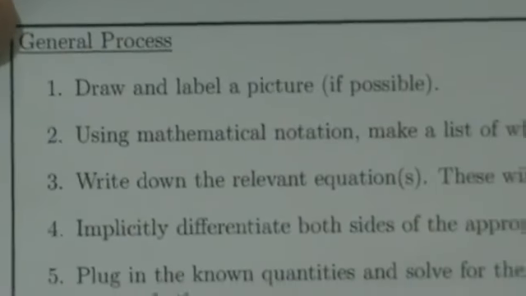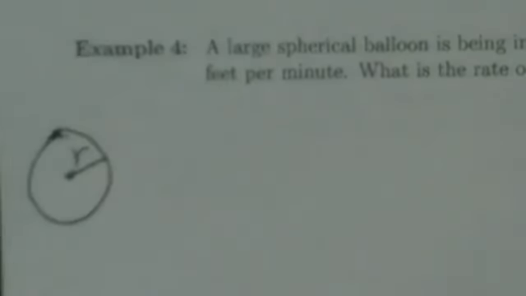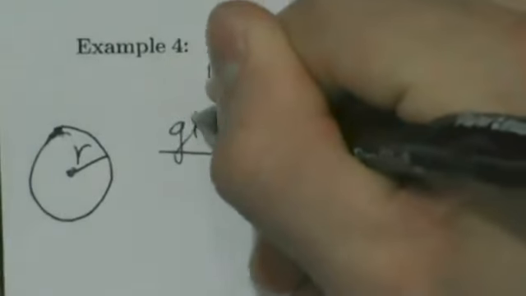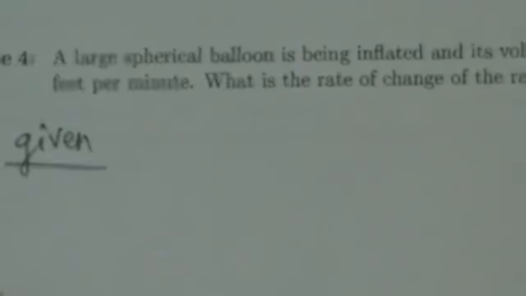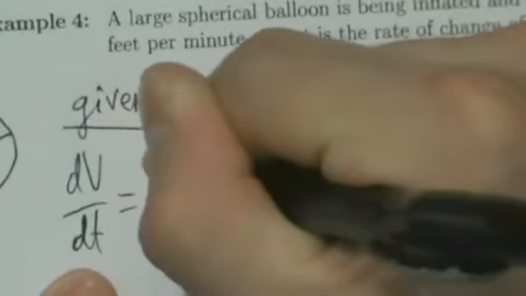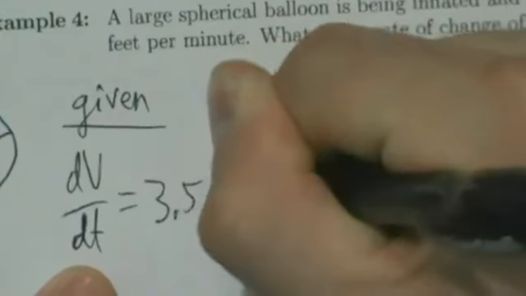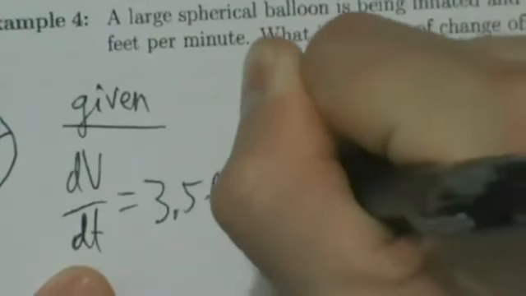Step 2, using mathematical notation, make a list of what you are given and what you want to know. What are we given? We're given that this balloon is being inflated and its volume is increasing at a rate of 3.5 cubic feet per minute. So if we let big V be the volume, then dV/dt, the rate of change of the volume, is 3.5 cubic feet per minute.